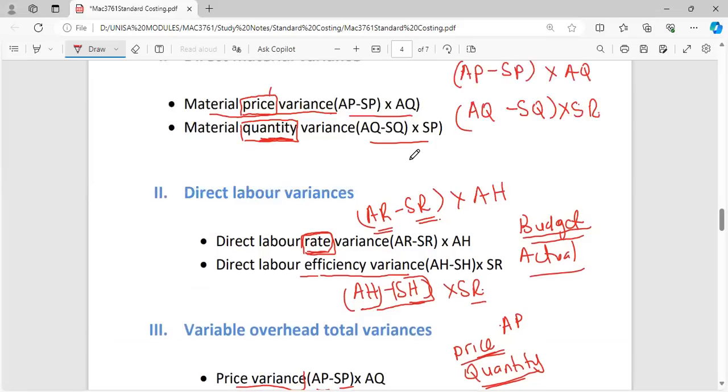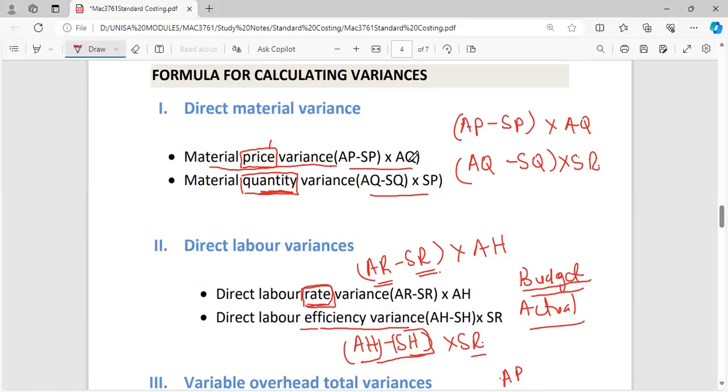Let's check here and answer using this. We are looking at the material price variance here. If it is a material price variance, we focus on the actual price minus the standard price, then we multiply by the actual quantity. But if it is a quantity variance, remember that it focuses on the material that was used.